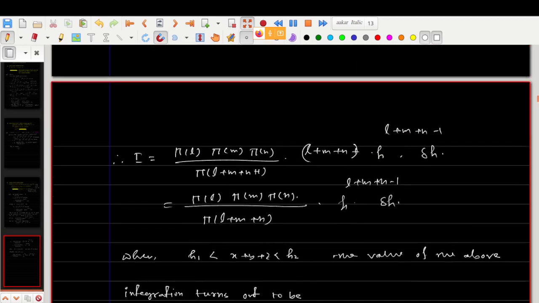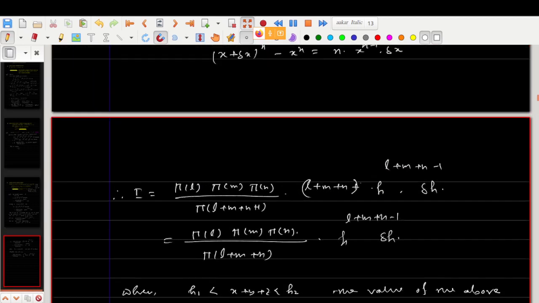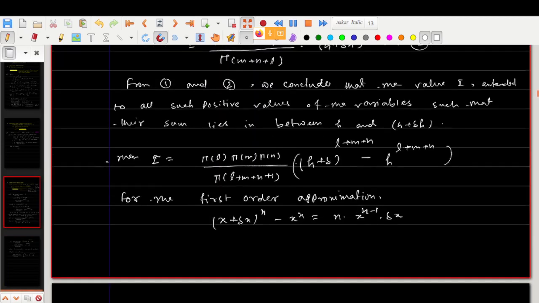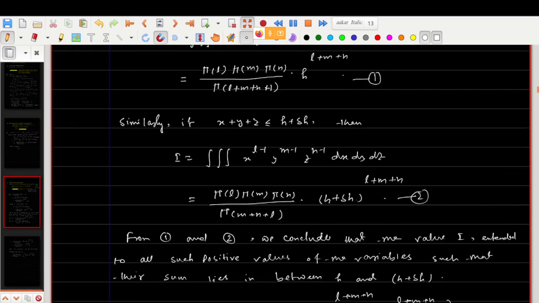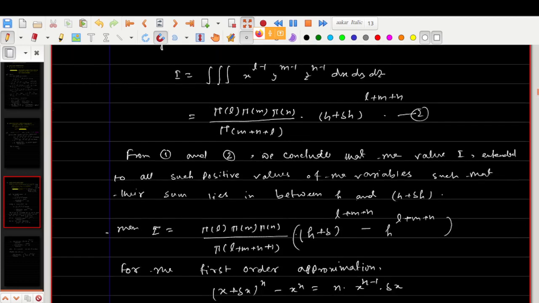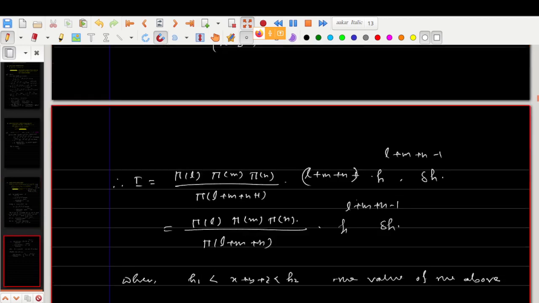So if you have any doubt so far, you just ask. Now we shall try to solve some problems based on these things, so that you can understand the theorems in a much better way. I think I have written almost all the things, but don't worry.